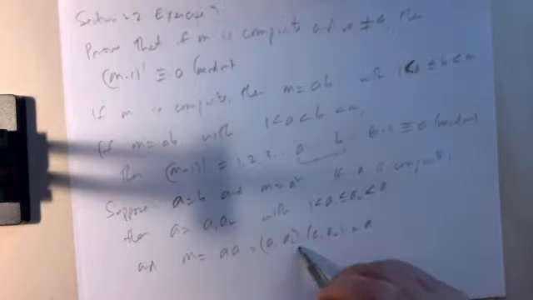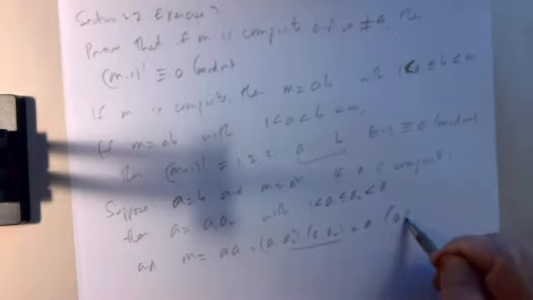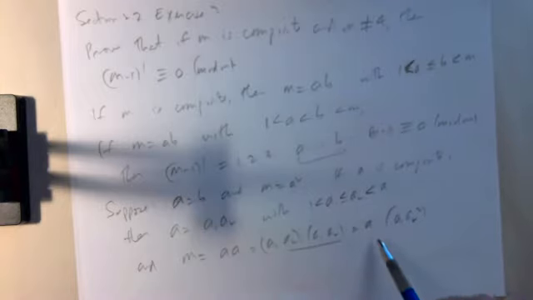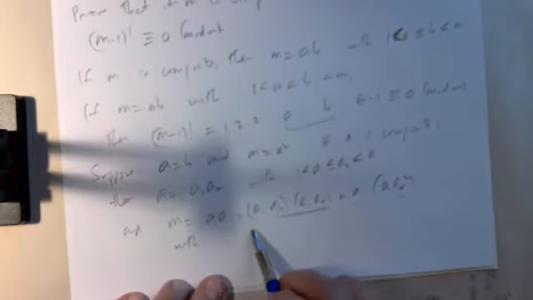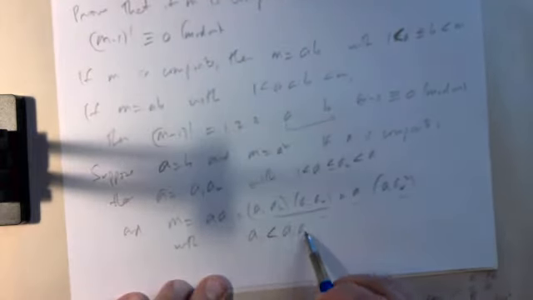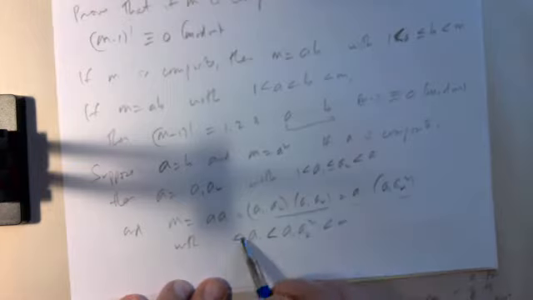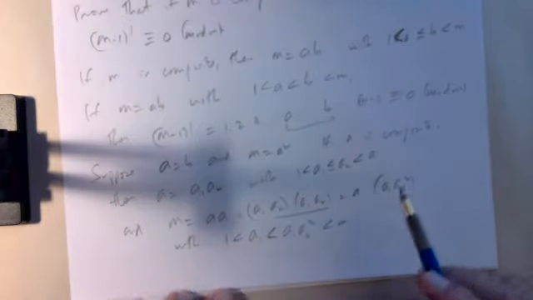which is A1 times A1, A2 squared. And this is a factorization where these two factors are different. So the first case applies.